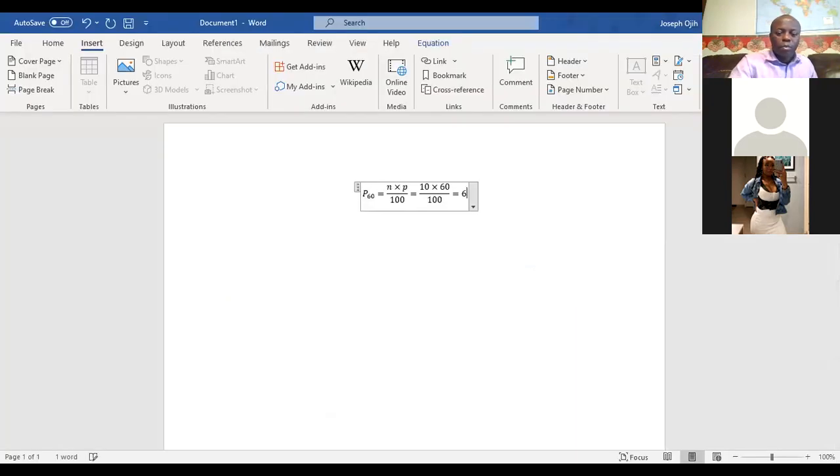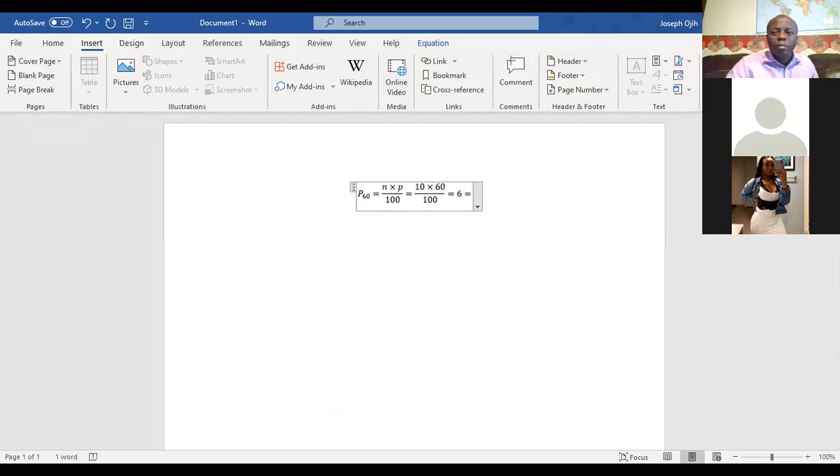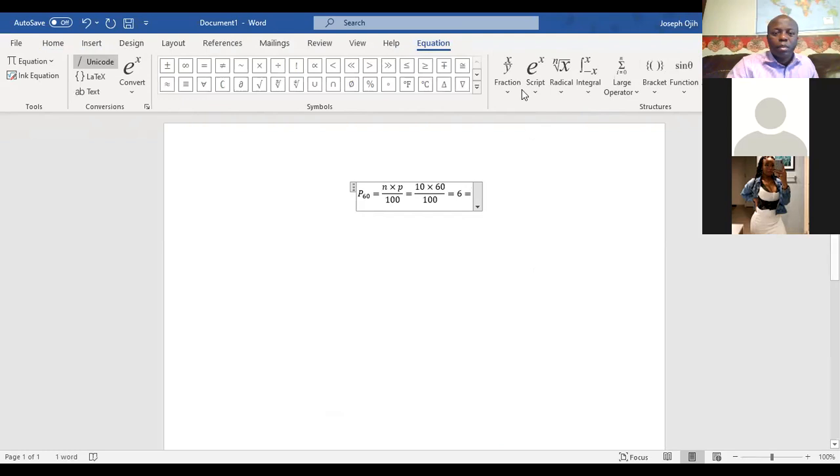It is 6, which means the 6th number plus the 7th number divided by 2.